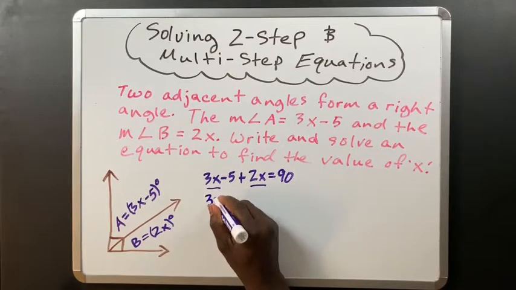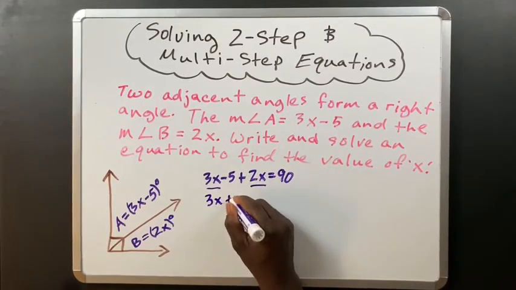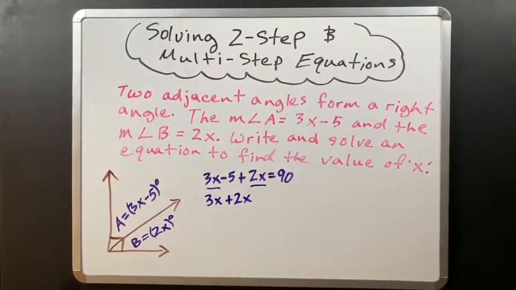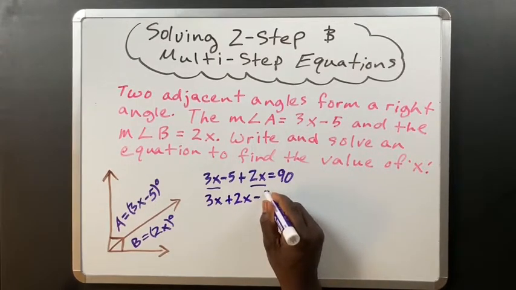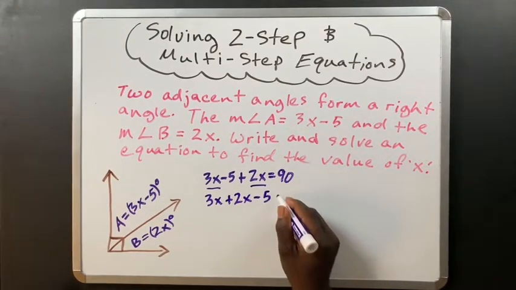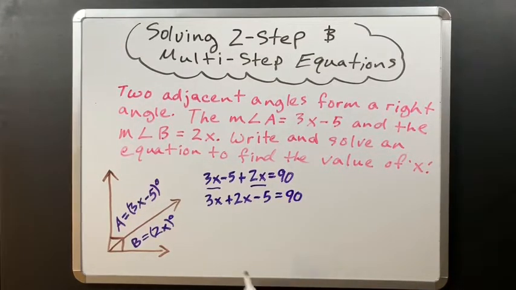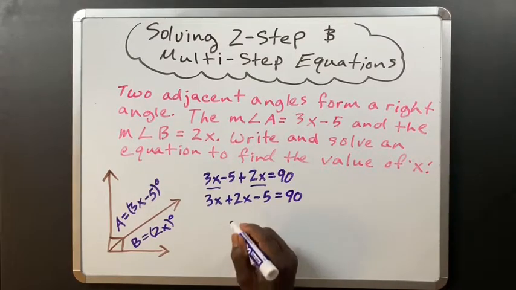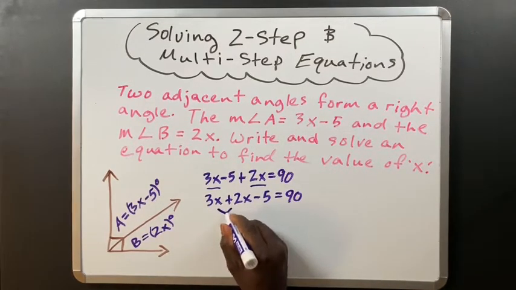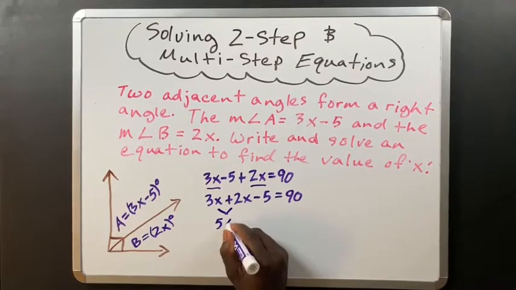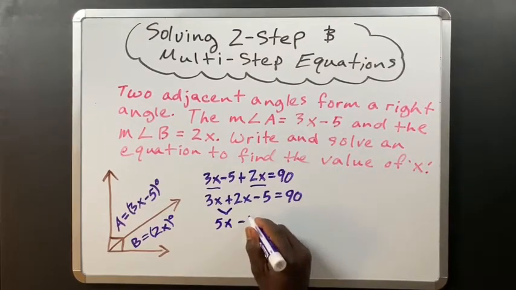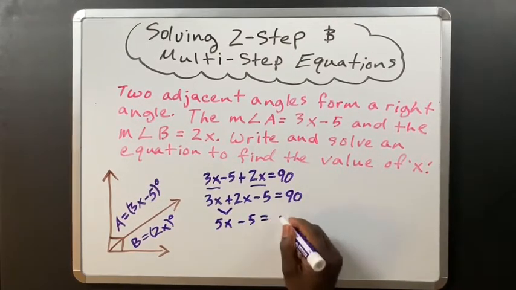So I'm going to rewrite this as 3 times x plus 2 times x minus 5 equals 90. All right, so we brought our like terms together. Now let's combine like terms. 3 times x plus 2 times x is going to give us 5 times x minus 5 equals 90.